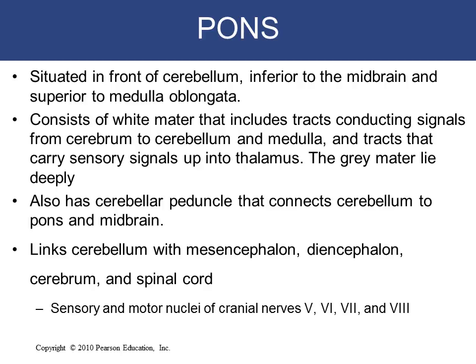The pons has a cerebellar peduncle that connects the cerebellum to the pons and midbrain. The pons also links the cerebellum with the mesencephalon, which is the midbrain, the diencephalon, the cerebrum, and the spinal cord. It also has sensory and motor nuclei of cranial nerves 5, 6, 7, and 8.